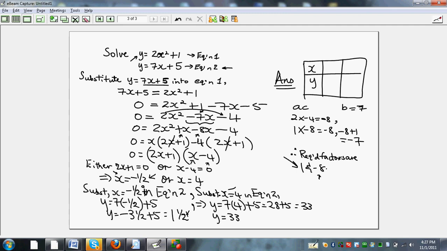So you write it down here. And then when x was equal to 4, we got y is equal to 33.